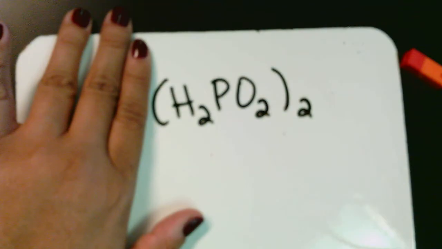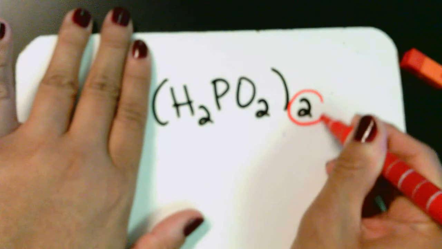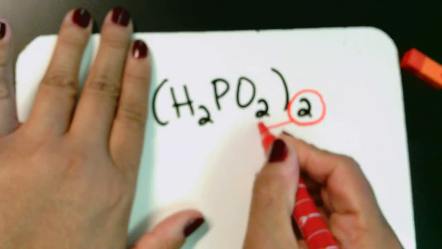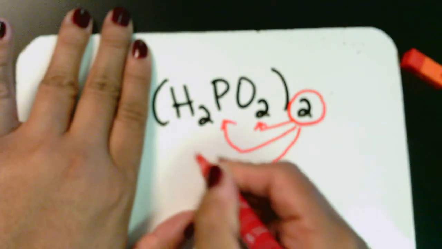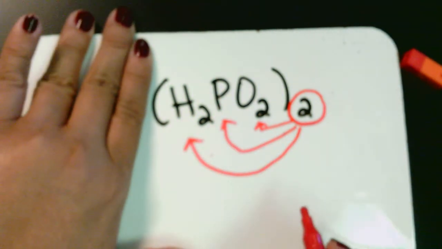But then I've got to deal with my subscript, right? So this subscript has to be multiplied by everything in the parentheses.